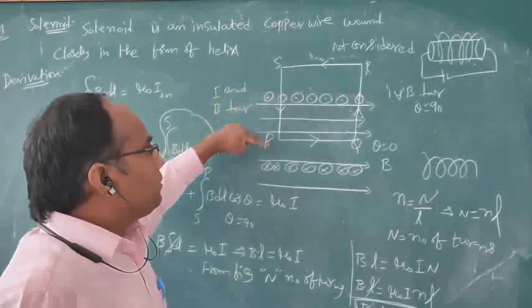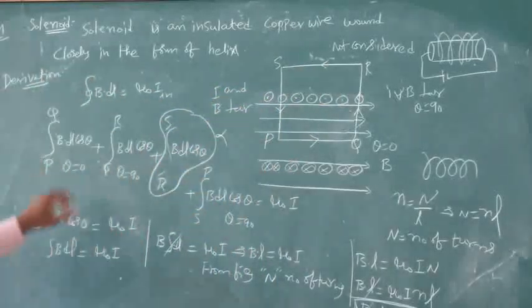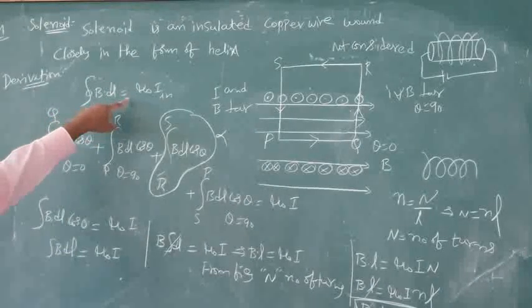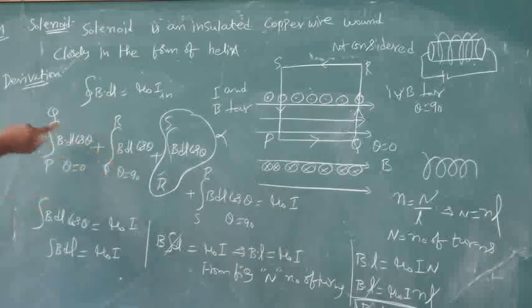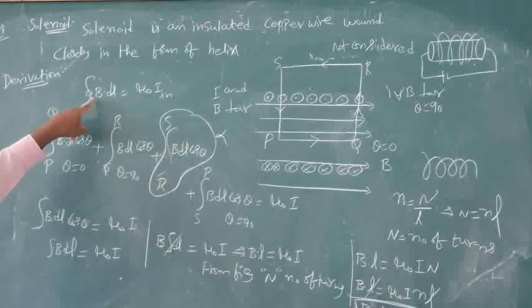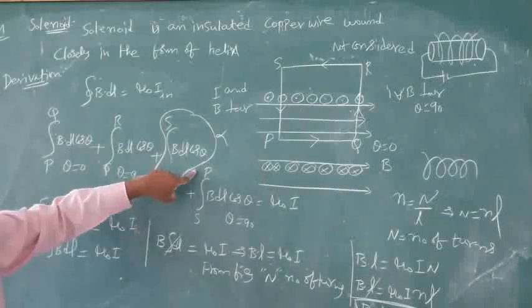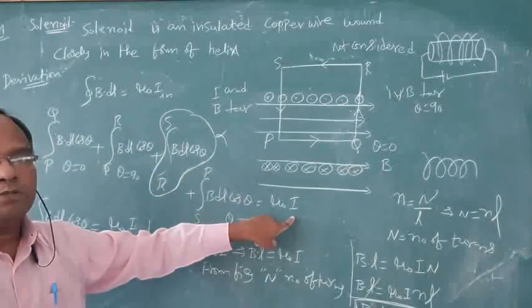So outside to inside, what happens? The formula: integration of B·dl is equal to mu naught I in. Integration of B·dl means B dl cos theta. So this is PQ, QR, RS, S to P, equal to mu naught into I in.